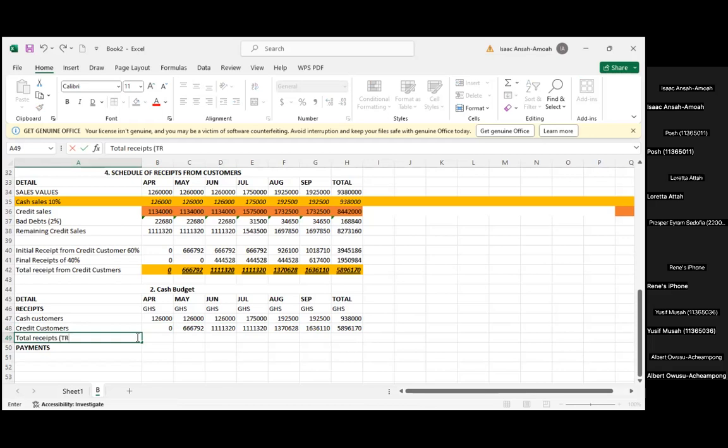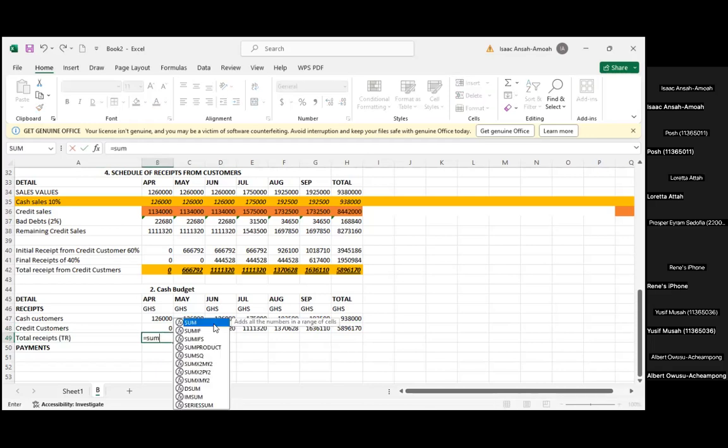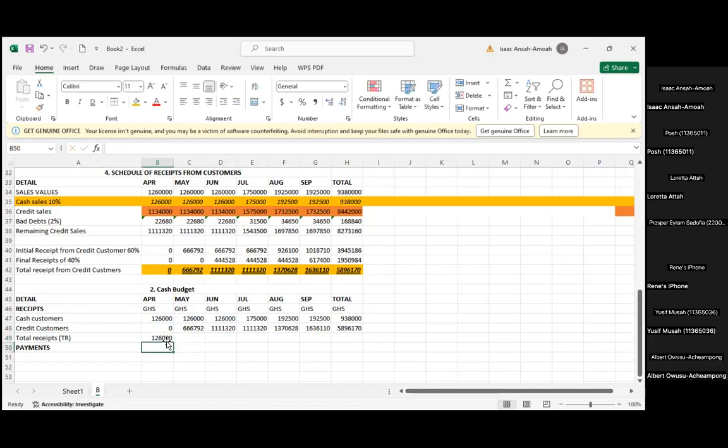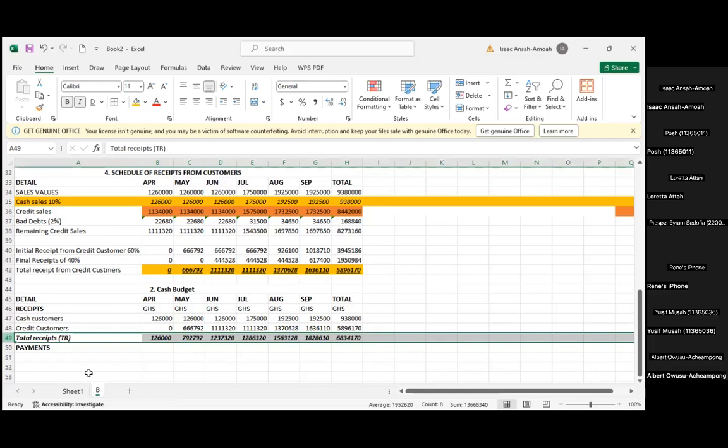Call it TR. My total receipts will just be the addition of the two. So these are my total receipts. If there are any other receipts, you bring them down here. But this one, we have just two receipts items.